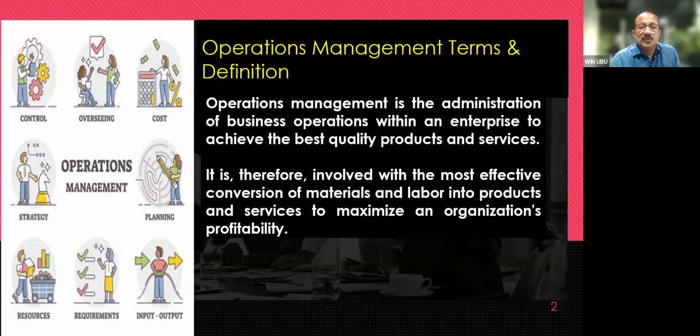Similar examples of operations show it's a broad spectrum. Operations is a broad spectrum that needs to be managed very carefully, systematically, and analytically. It is therefore involved with the most effective conversion of materials and labor into products and services to maximize the organization's profit.